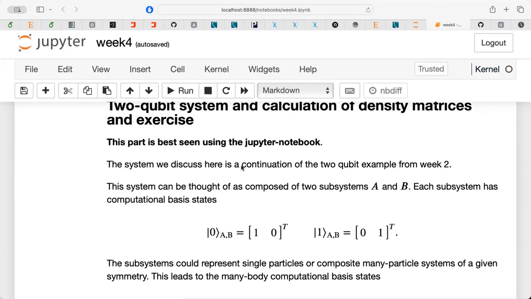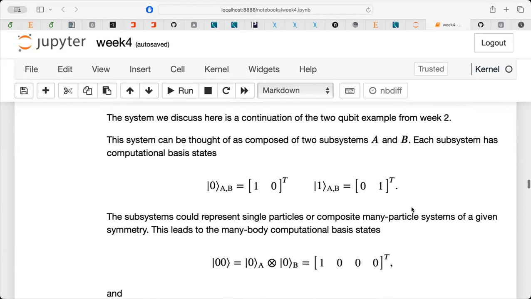So in a sense, this is a continuation also of the qubit example, which we had in the second week, where we looked at us setting up the Hamiltonian system. So I wanted to repeat this a little bit because you need some rethinking to see the wood for the trees.